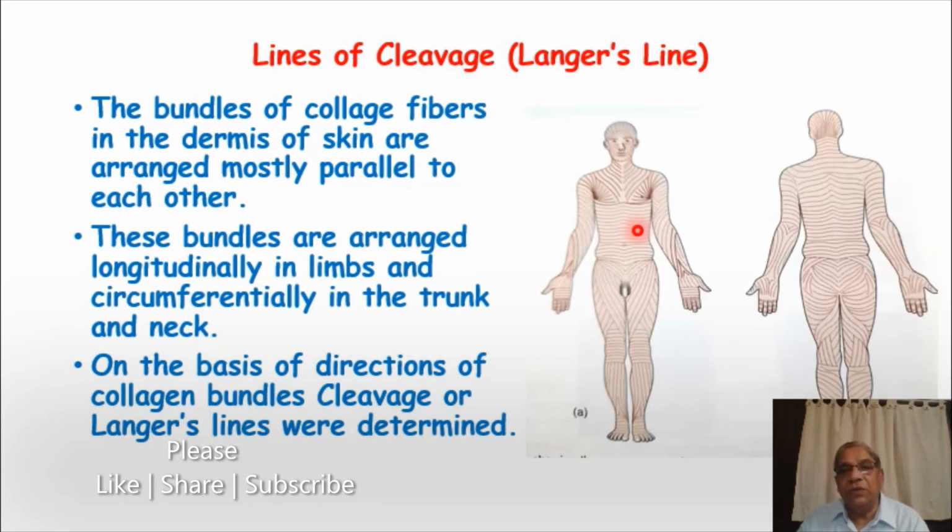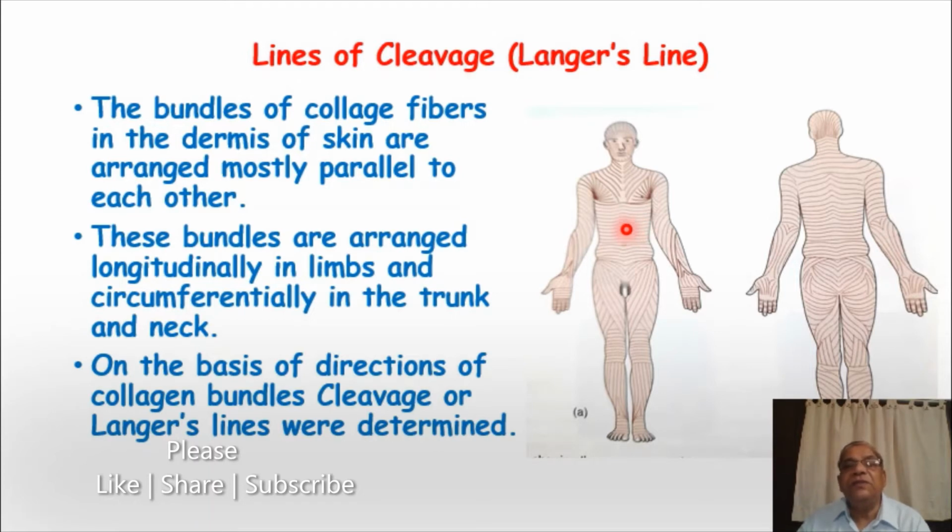So these collagen bundles, this Langer's line, which are in the dermis, indicate that the skin is subjected to stress in different directions, and on the basis of those directions these bundles of collagen fibers are arranged in the dermis.